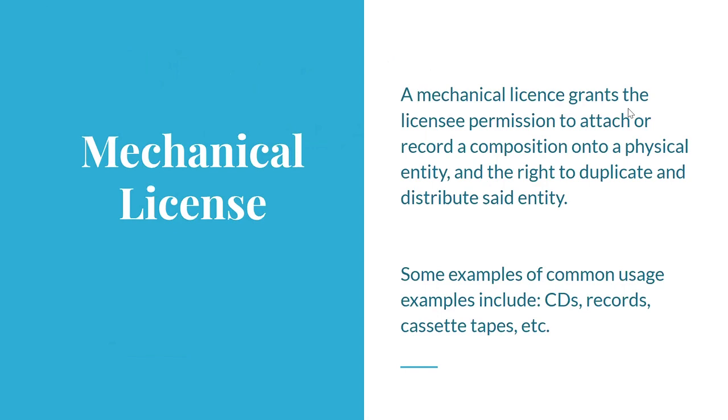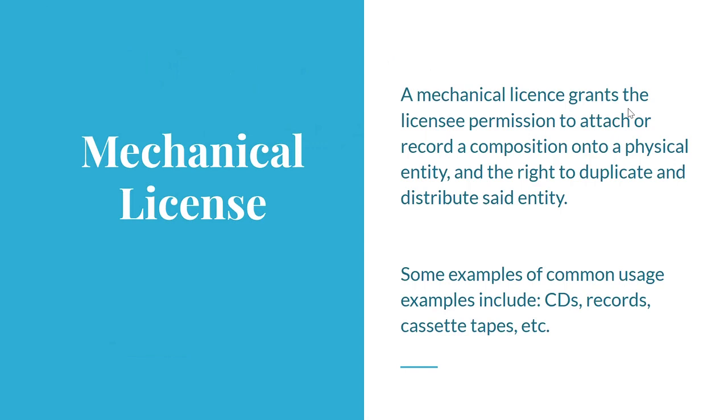All right, so the first one is mechanical license. For those of you who don't know what a mechanical license is, it grants the licensee permission to attach or record a composition onto a physical entity and the right to duplicate and distribute that entity. So you can think of things like CDs, records, cassette tapes, that type of thing.